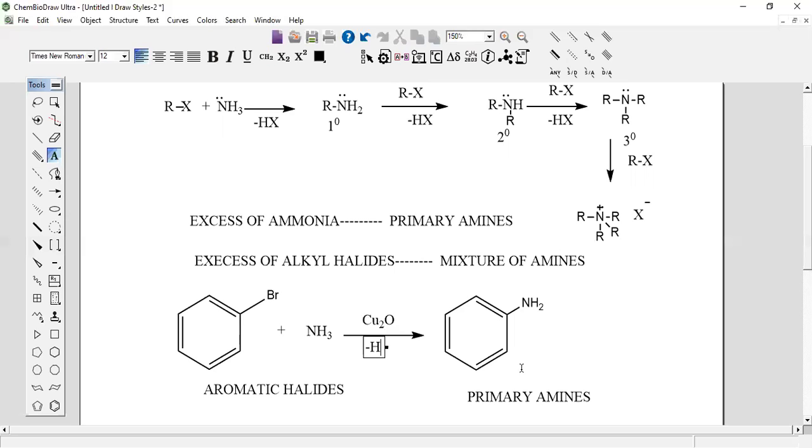The byproduct is HBr. And this product is called aniline.